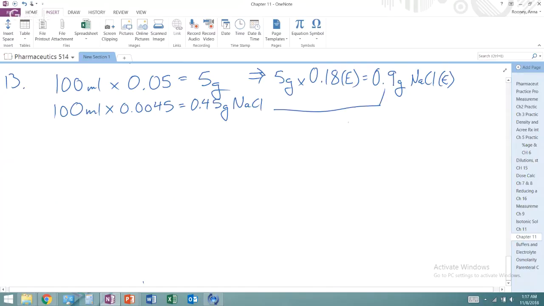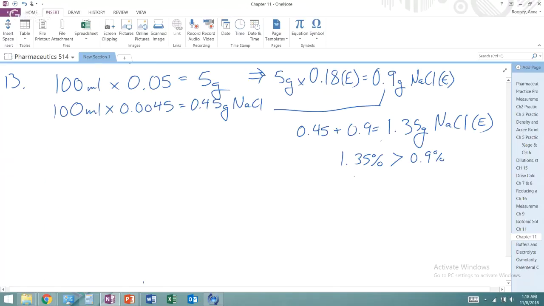So we're going to take these two together: 0.45 plus 0.9. You find that that is equal to 1.35 grams, but this is in 100 milliliters, so that is equal to 1.35%. This is much larger than your 0.9% sodium chloride. So this is hypertonic.